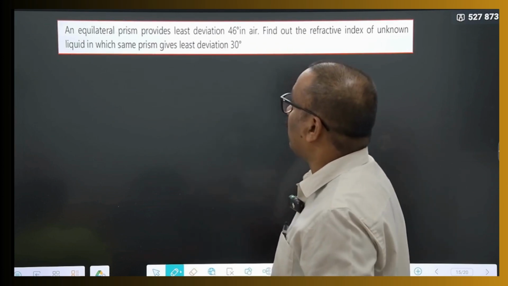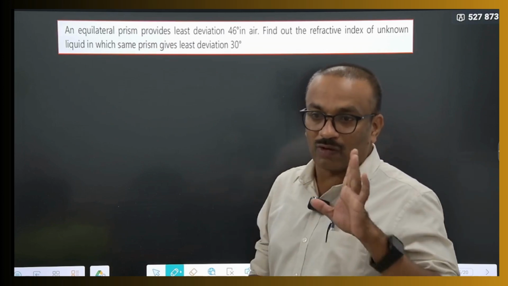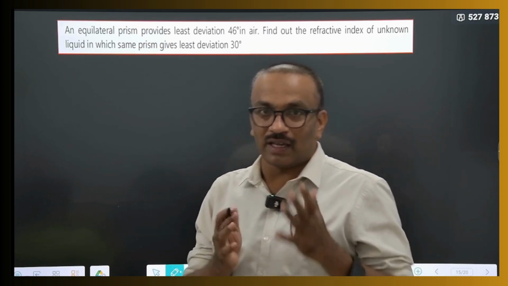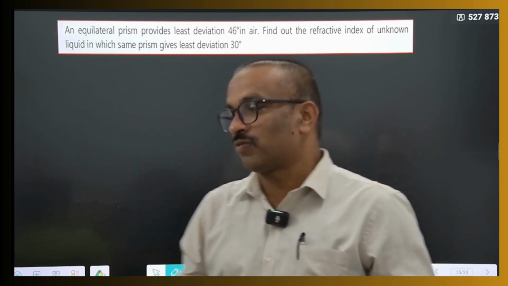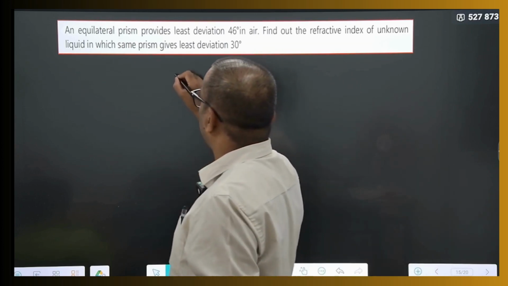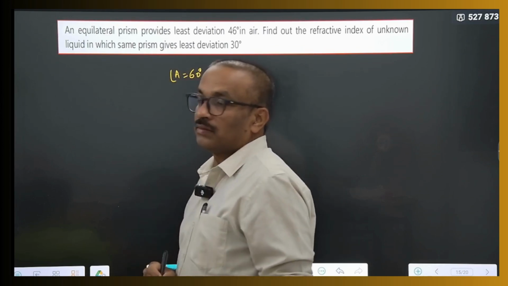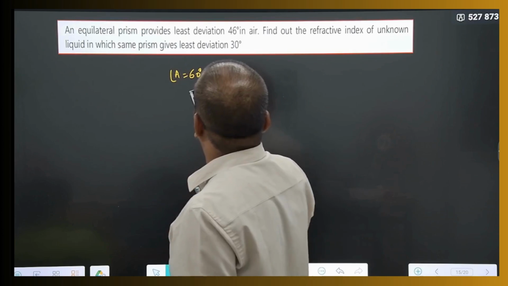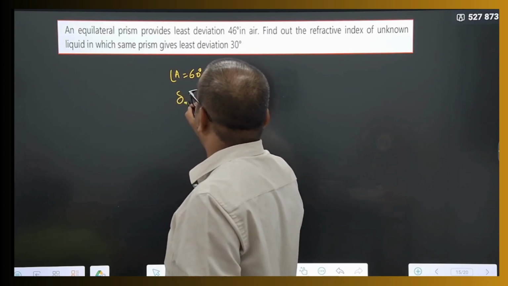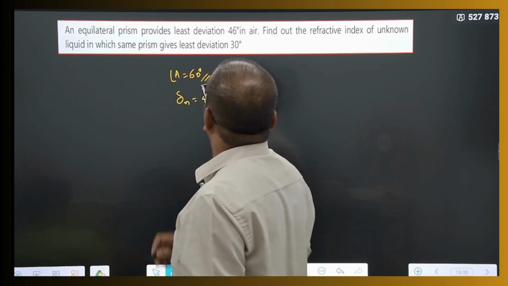So here an equilateral prism. Equilateral prism means the angle of prism is 60 degree, that's all. The equilateral prism provides least deviation, and the angle of minimum deviation is 46 degree in air.